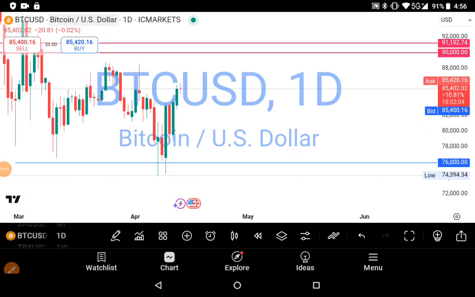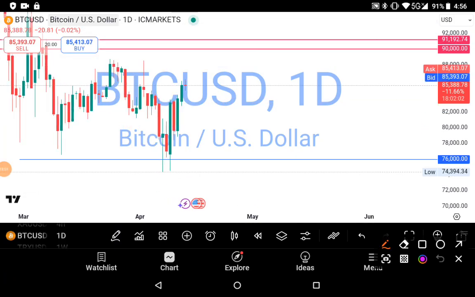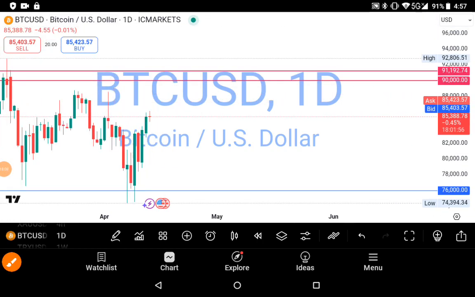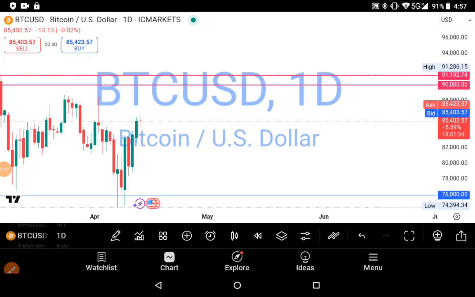All these levels have been taken. We've seen 76,000 being attacked. So I think we'll be watching 88,000 be taken very soon. So the lowest hanging fruit will be 88,000 to 90,000 on BTC.